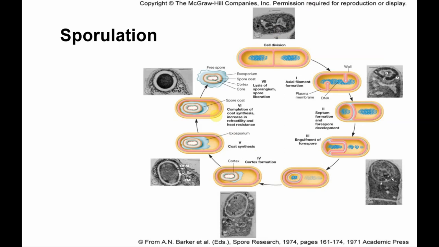Okay, so two things to think about here. What induces sporulation in endospore-forming bacteria? It's generally poor conditions for growth. So when nutrients are exhausted, bacteria can't carry on growing. So this will often induce sporulation.